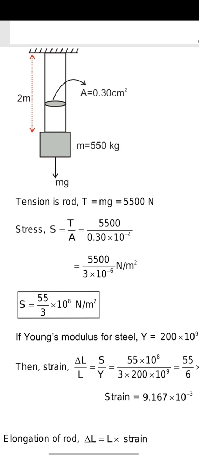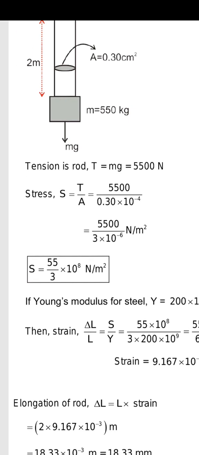It will give us 5,500 over the area, which is 0.30 times 10 to the power negative 4, which will give us the stress to be 550 over 3 multiplied by 10 to the power 8 Newton per meter squared.